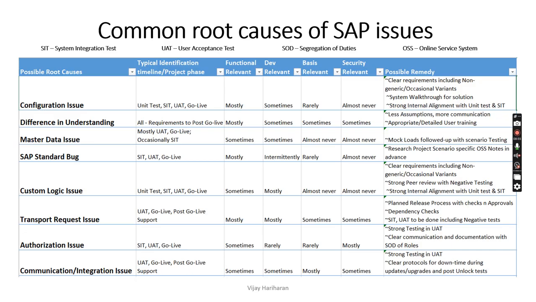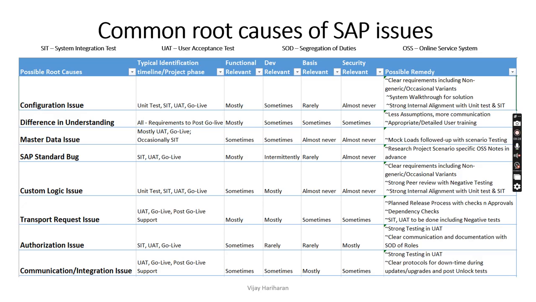The next issue is SAP standard bug. Now this is something that can happen in different phases, typically in system integration test or user acceptance test, or during go live this is found out. Unit test is usually done with dummy data, and hence it might pass off, but when you actually run the proper SAP process, you might face issues if some note is not available or is only available in the next update.